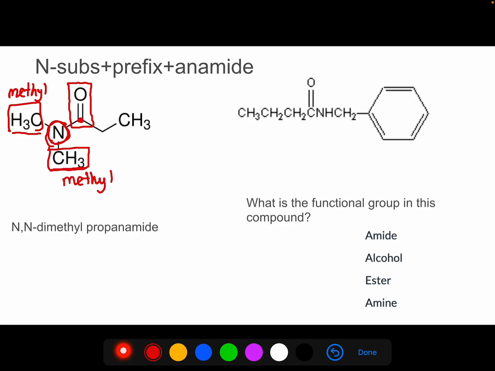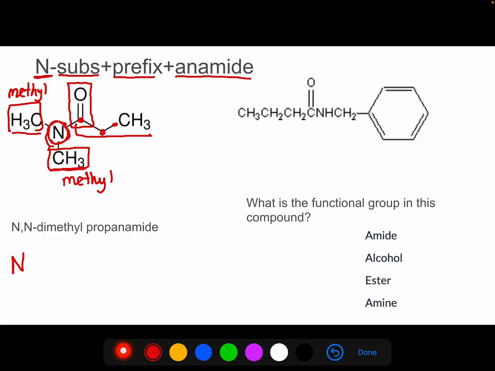And the other part is 1, 2, 3 carbon. So first, we are going to say the N because it's attached to the nitrogen, then the name of the substituent. Then we are going to name the remaining part, prefix with anamide. Okay, so what is located on N? I'm going to say N because this time I'm not saying a number. There is only one N and everything is attached to that N. That's how we name amides.